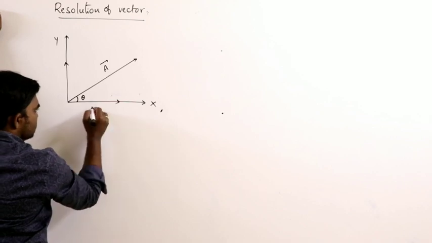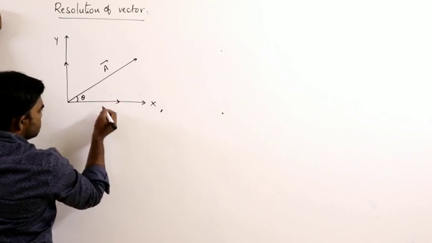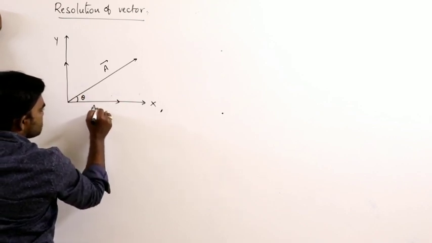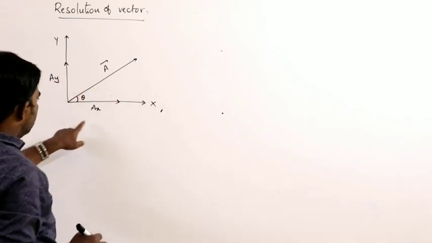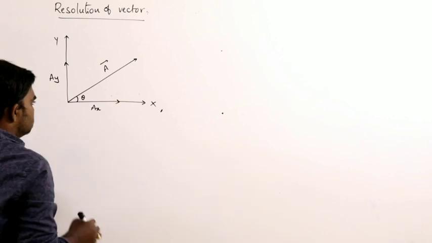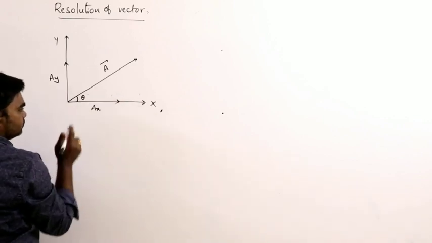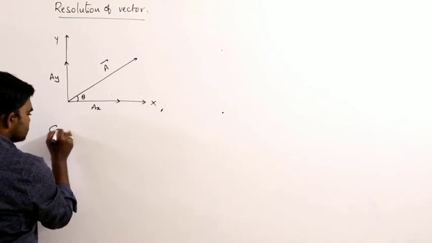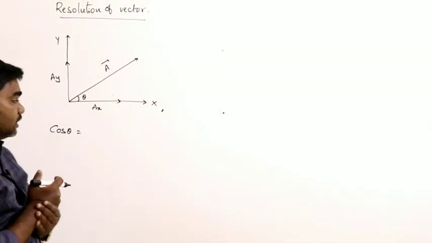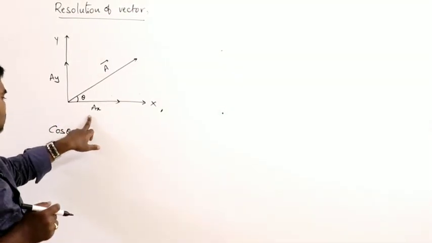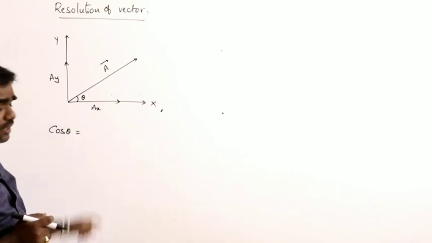Let us say this is the horizontal component ax, and the vertical component ay. From this diagram I am writing the value of cos theta. What is cos theta generally?